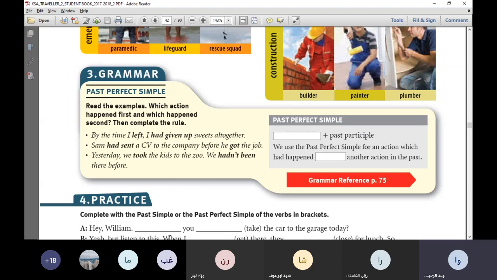The second one, I'm going to use the past symbol.